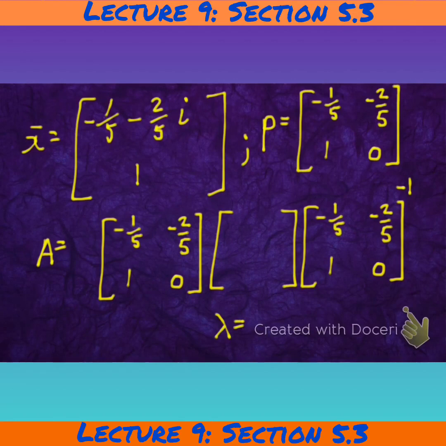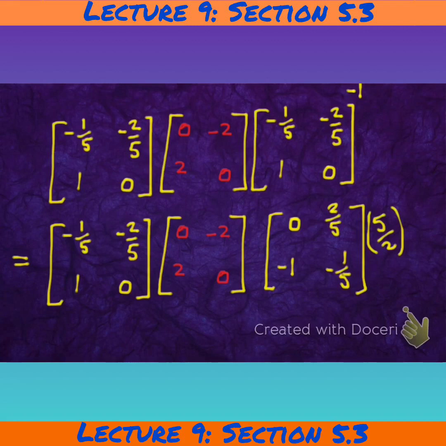So we said the eigenvalue in this case is 0 minus 2i. So my A is my real part, and then my B is that part there. Okay, so if we take the right hand side separately and do a little bit of calculation, we multiply that part out first.